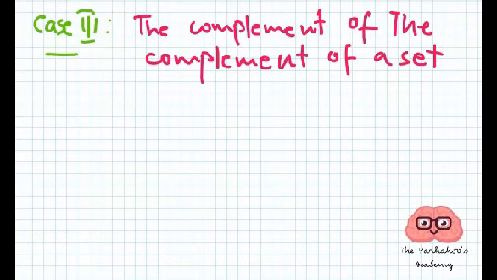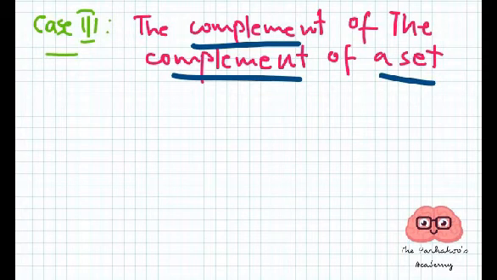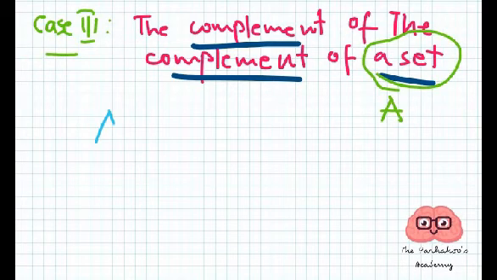Okay, so case number 3 is the complement of a set. Now what does it mean? Let's say the set is A, and now let's jot it down. So the first complement, the complement of the set, right?